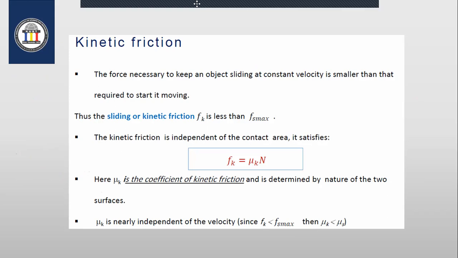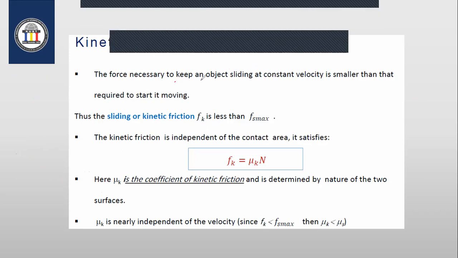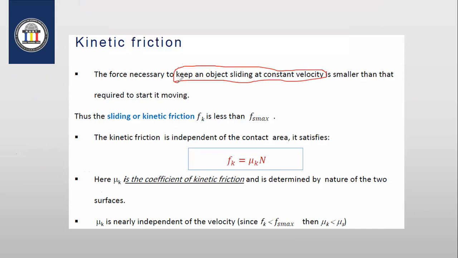Before that, the kinetic force. The kinetic force is what keeps an object sliding at constant velocity, so it's continuous movement. As I said, the difference between static friction and kinetic friction is that static friction is the start of movement, whereas kinetic friction is the keeping of movement.